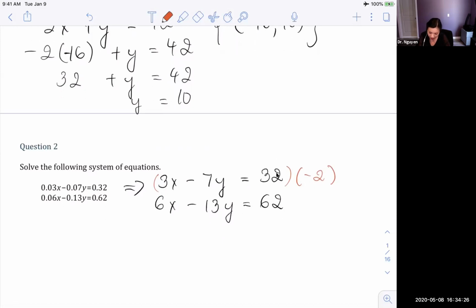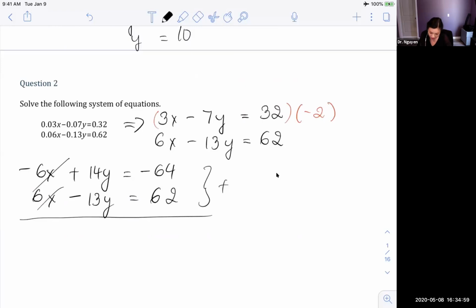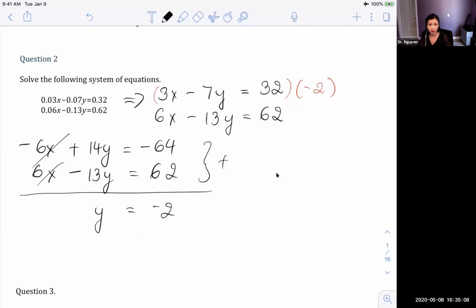So now I have a new equation, which is negative 6x plus 14y equals negative 64. And then the bottom one, I'm just going to copy it: 6x minus 13y equals 62. If I add them up, I eliminate x. So I add them up here, and I get y equals -2. Oh, perfect. So we don't even have to do more work, right?